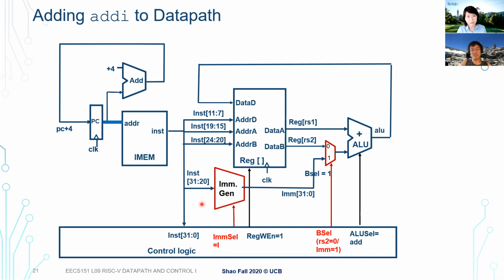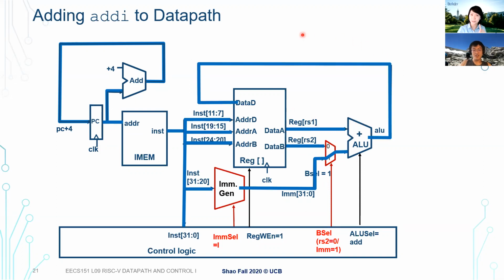If we do the execution again, every time we execute an instruction, we need to increment our program counter to point to the next instruction. And once we get the instruction from the instruction memory, in this case, we only use the value from the upper 12 bits, which goes through the immediate generation, extended to a 32-bit immediate, and we set our B select signal to be 1 so that the value of our immediate is forwarded to the ALU, and then perform our addition between a register value and the immediate.